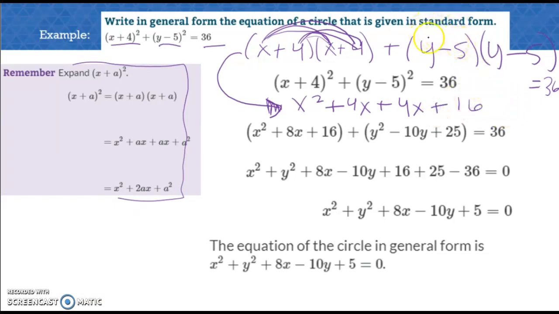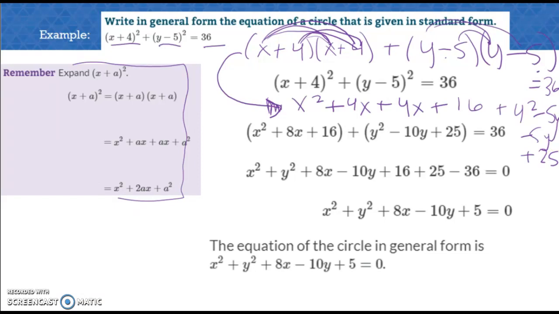Then we repeat the same process with the y's. First times first is y squared. Outside times outside is negative 5y. Inside times inside is another negative 5y. And last times last, negative 5 times negative 5, is positive 25.